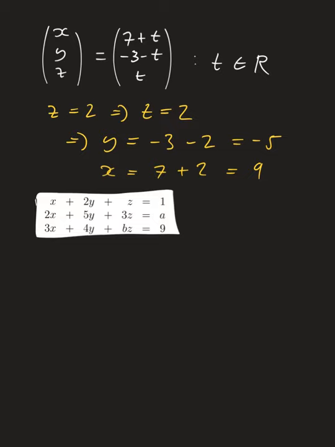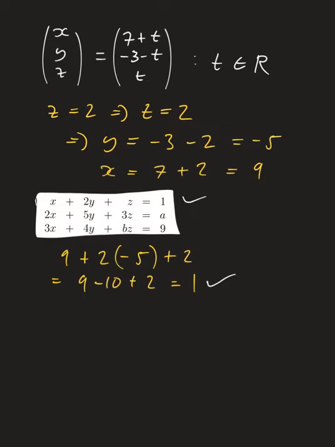That first one, x plus 2y plus z is equal to 1. Well, x is equal to 9, so we have 9 plus 2 times y, which is minus 5, plus z, which is 2. That is equal to 9 minus 10 plus 2, which is equal to 1. So that's right. That's that first one checked.